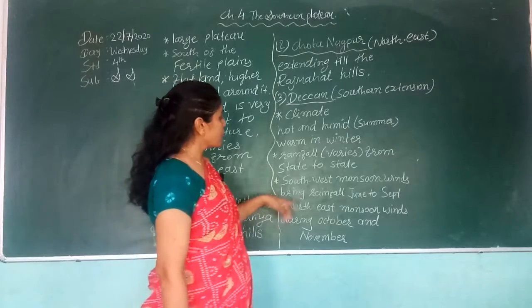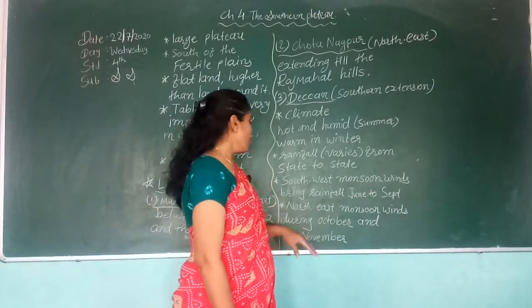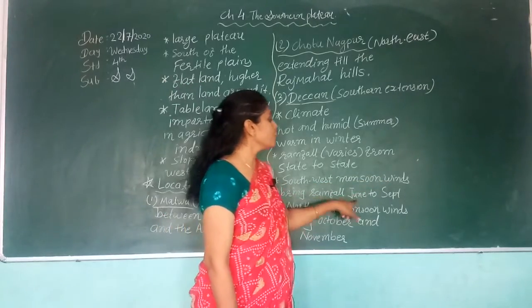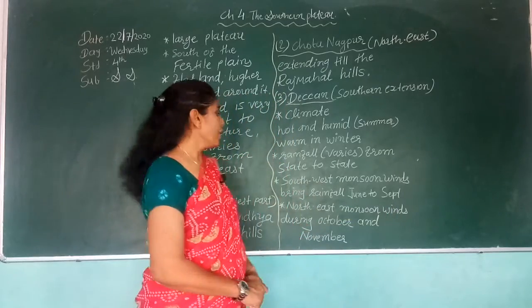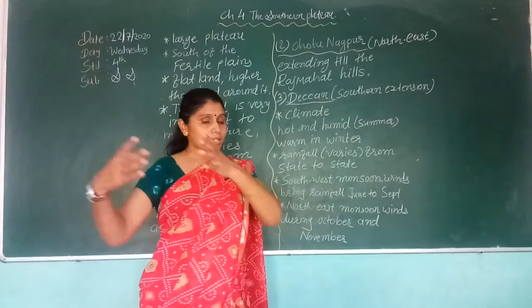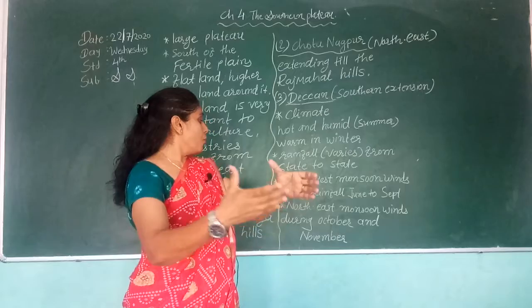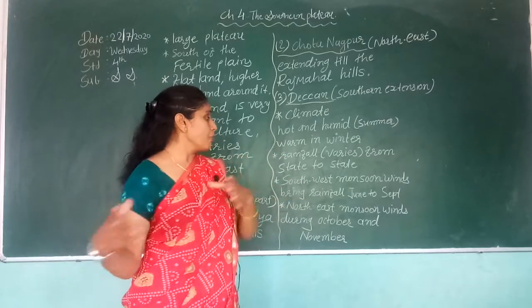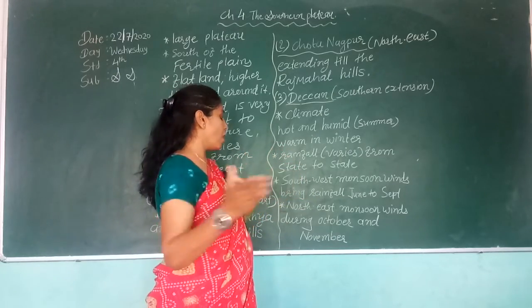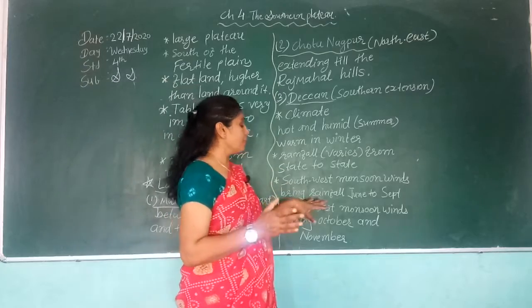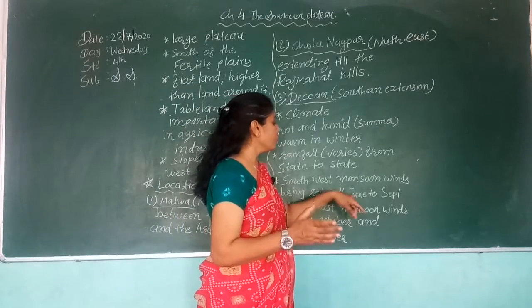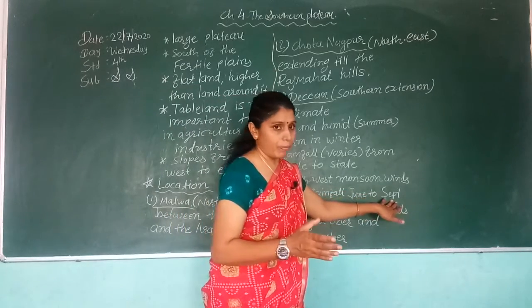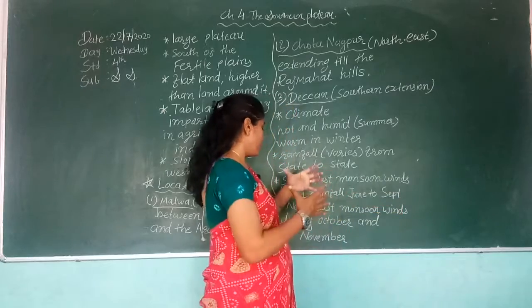The southwest monsoon winds bring rainfall from June to September: June, July, August, September.